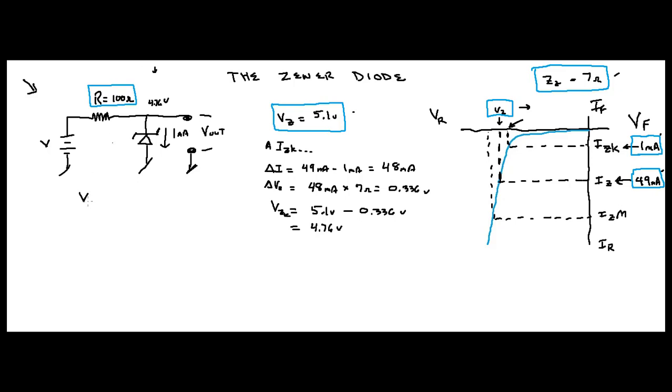The voltage drop across R, in this, what we've just said, is going to equal I times R. This is going to equal 1 milliamp times 100 ohms, right? So 1 milliamp, which is 1/1000th of an amp, times 100 ohms, is going to be 0.1 volts, okay?